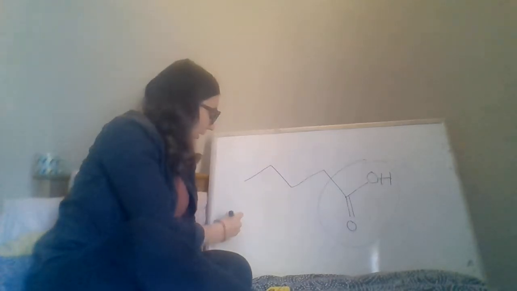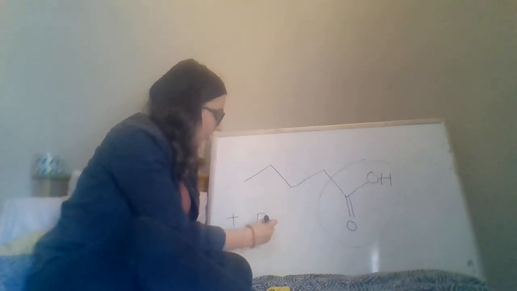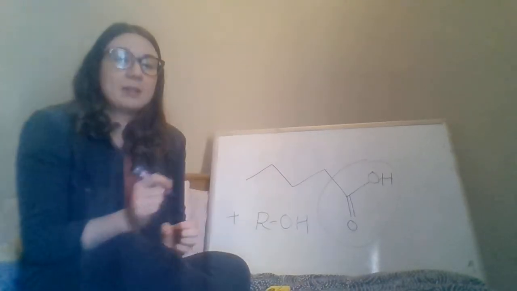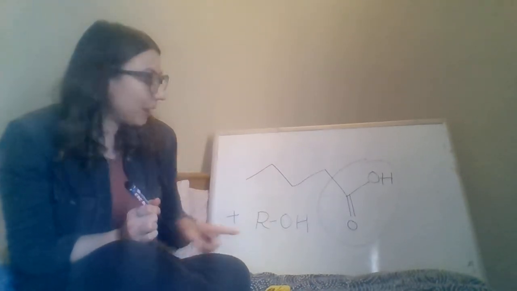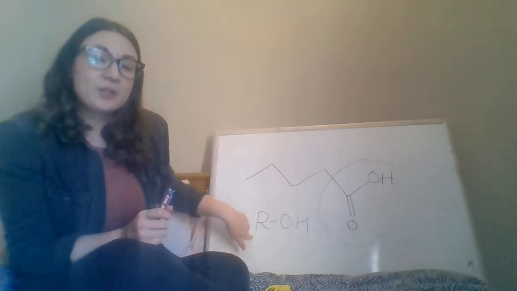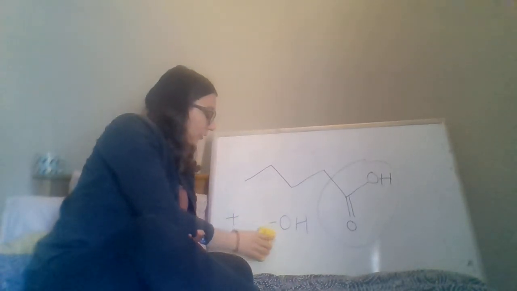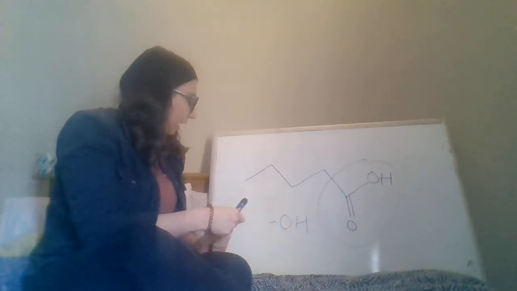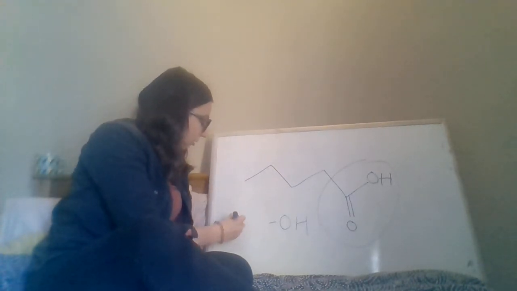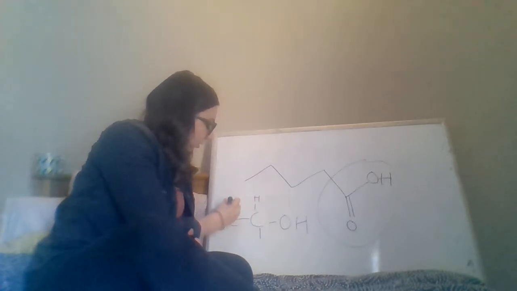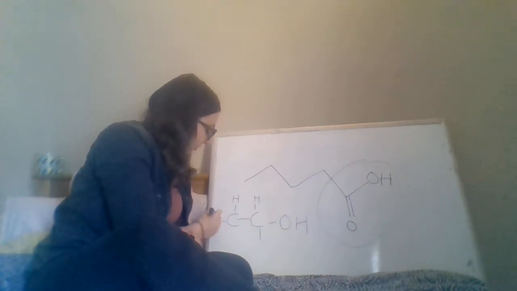So this plus some kind of alcohol is going to create an ester, but it matters what alcohol. For example, in this reaction I'm going to use ethanol, which is 2 carbons in a chain with their hydrogens. I'm using the full displayed formula now.